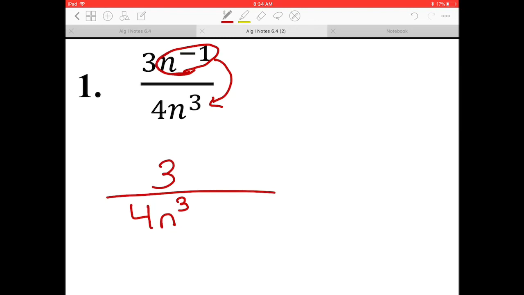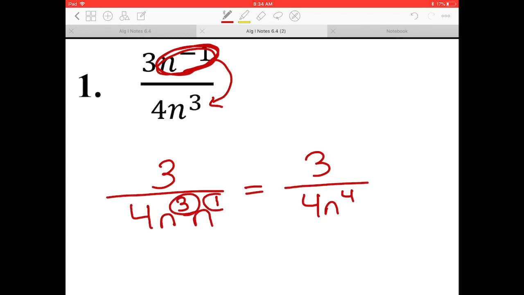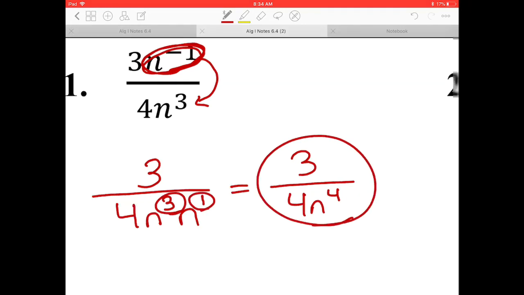And this guy that I have circled right here is going to cross the line. He's going to move to the bottom and then magically become positive. So it's not a negative one anymore, it's a positive one. So final answer for this is going to be 3 over 4n to the 4th power, because 3 and 1 makes 4. 4 n's. Put them together. Okay? So there you go.